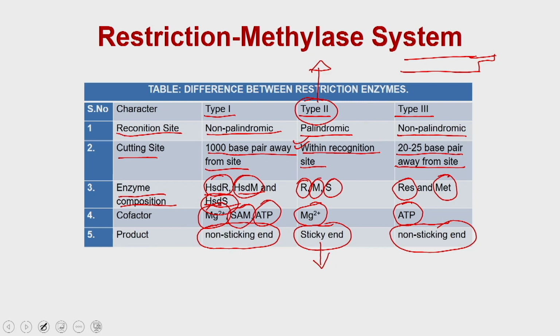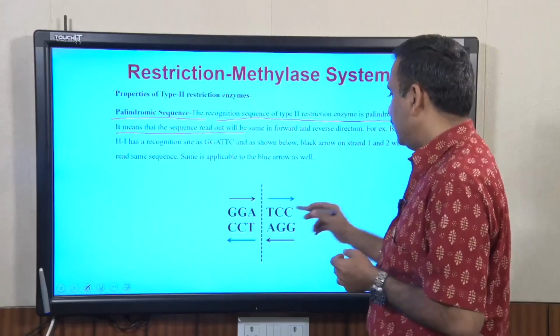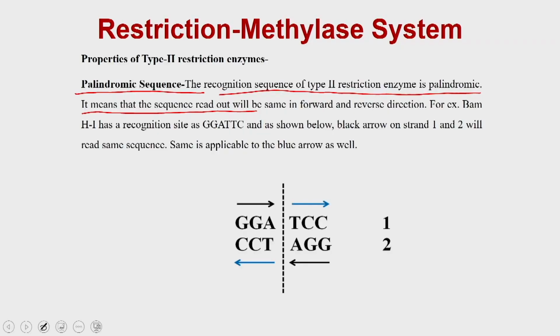So, in the case of type 2 restriction enzymes you have two properties. One is that they recognize palindromic sequences. The palindromic sequences are the recognition sites for type 2 restriction enzymes, and what is meant by a palindromic sequence is that whether you read from the forward or the backward direction, it remains the same. As you can see here, this is one of the restriction sites, GGATCC. Okay.